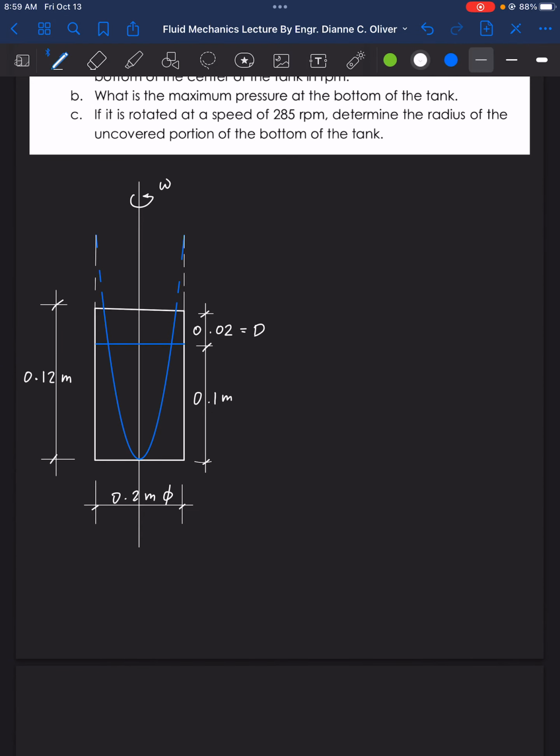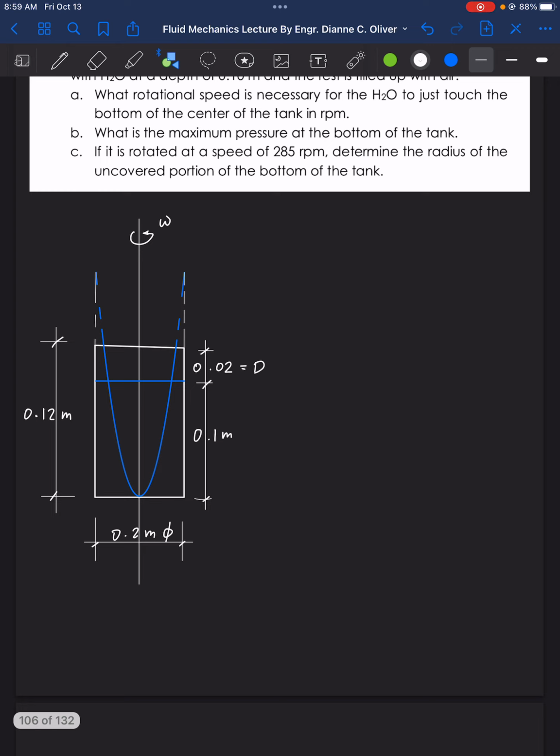Now when that happens, we will see here that this is the paraboloid form inside the tank, and the radius there now is R1. There is a new radius, so this is the radius from this point to this point.